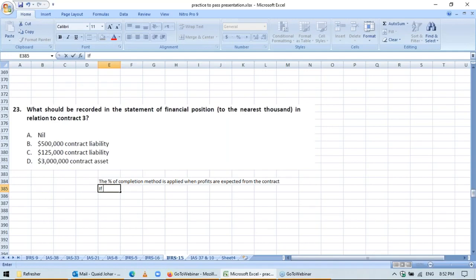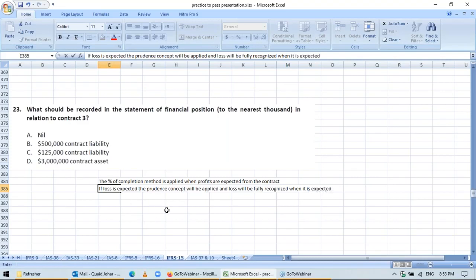If loss is expected, the prudence concept will be applied, and the loss will be fully recognized when expected.